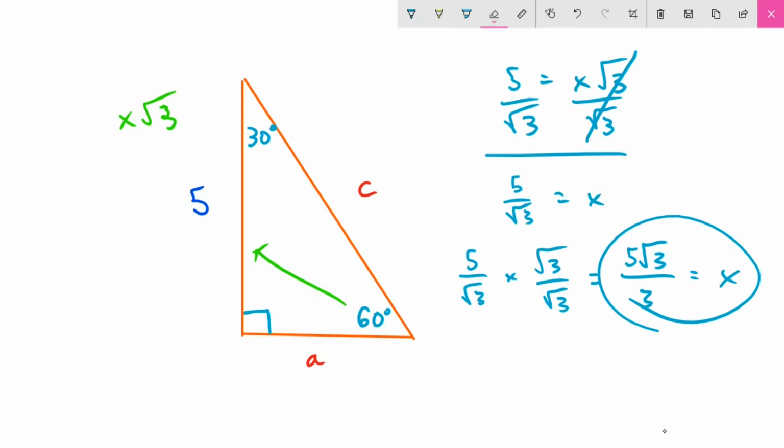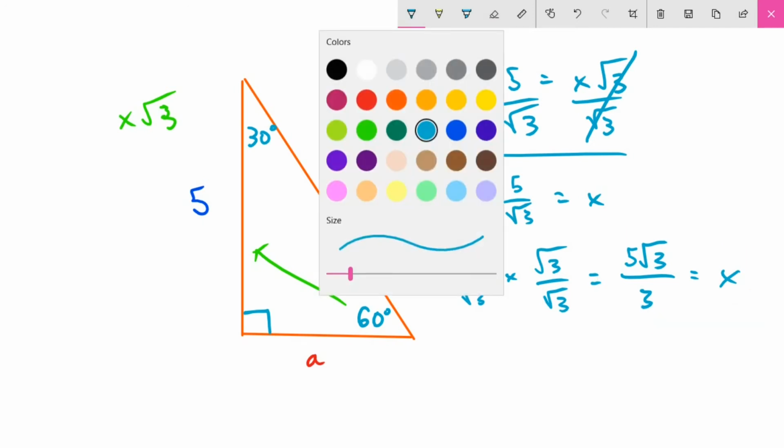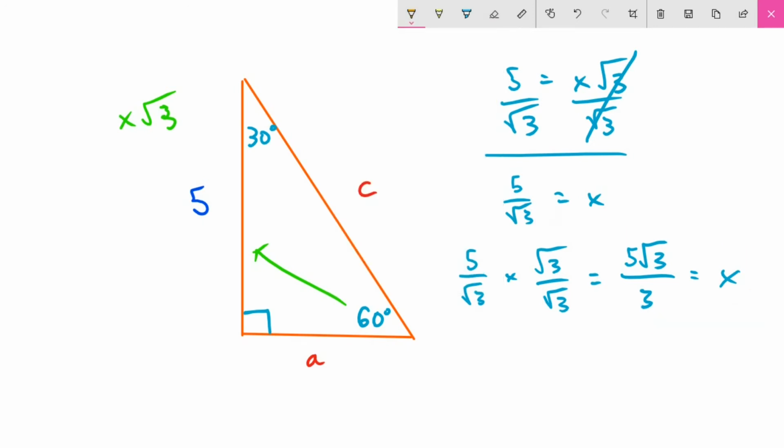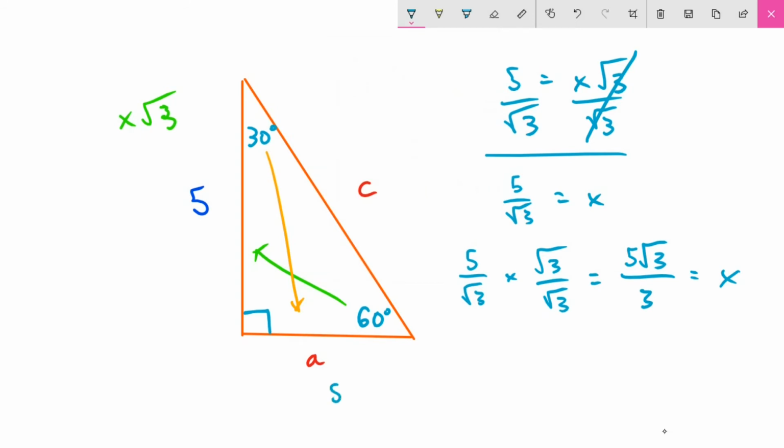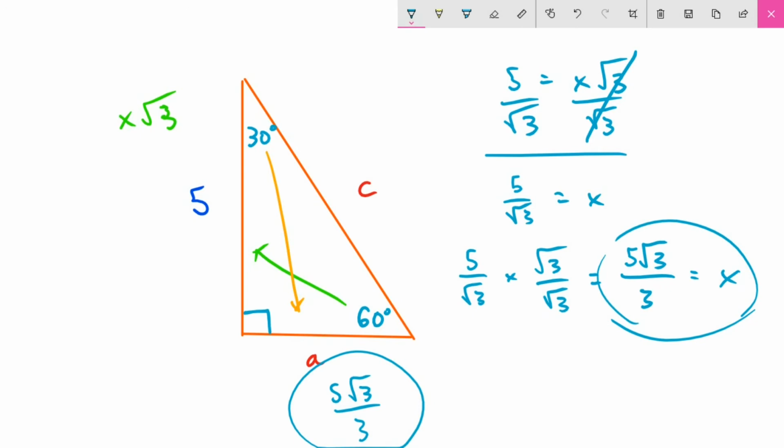However, which side is equivalent to x? Remember, it's the side across from the 30-degree angle. So a is going to equal 5 square roots of 3 over 3. And then finally, if 5 square roots of 3 over 3 is x, side c, across from the 90-degree angle, is 2x, right?